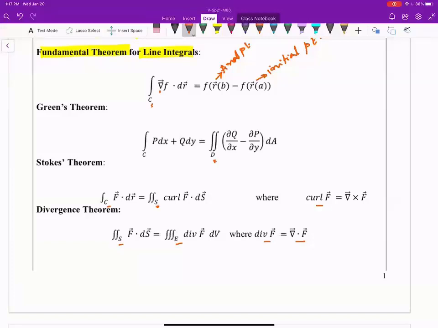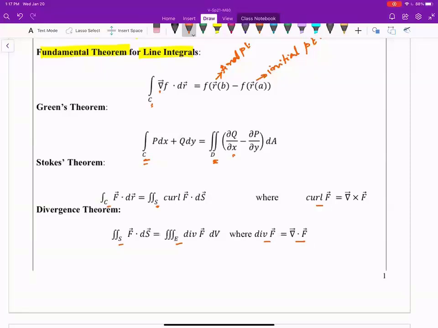Green's theorem relates the integral over the boundary and the double integral over the domain. On the right hand side, you are integrating a derivative, so the integral and derivative cancel out, and you get the integral over the boundary C of P dx plus Q dy.